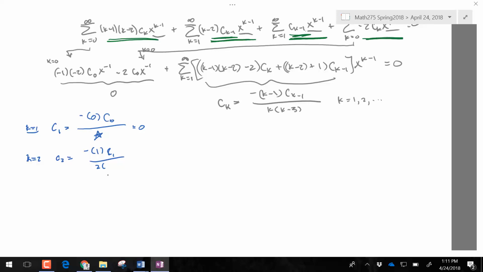Oh yeah, it's going to just be zeros. The thing is that c sub 2 and then c sub 1 is equal to 0.